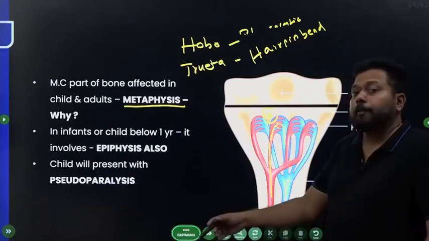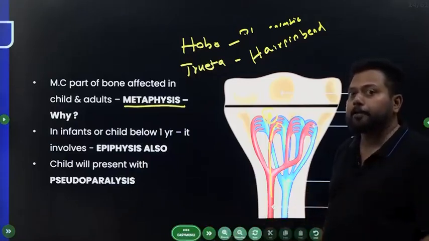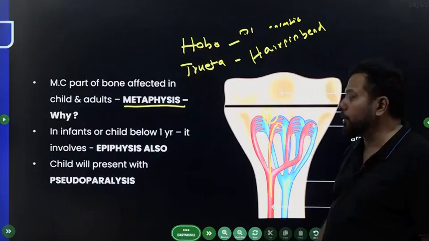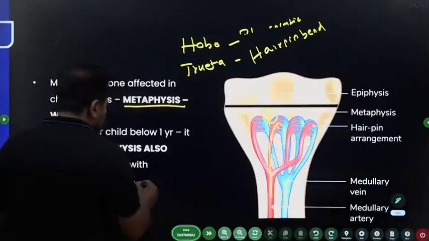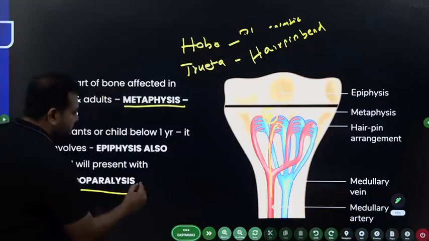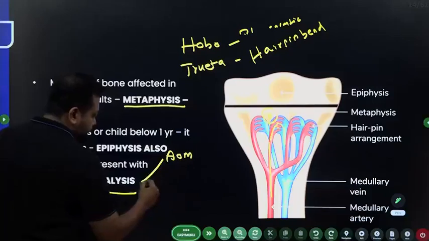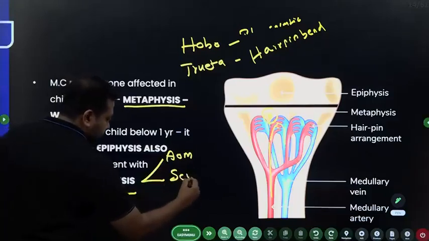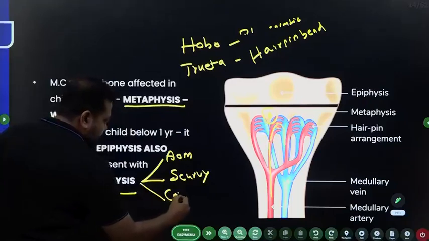Because of pain, the baby won't move that affected limb. It looks like paralysis, but it's not a true paralysis, so it's called pseudoparalysis. Whenever pseudoparalysis comes in ortho, three differential diagnoses: acute osteomyelitis, scurvy, congenital syphilis.